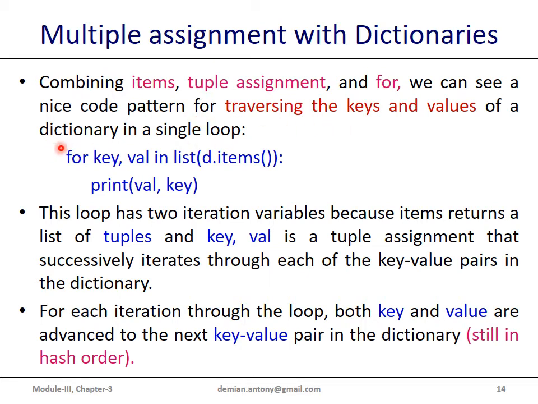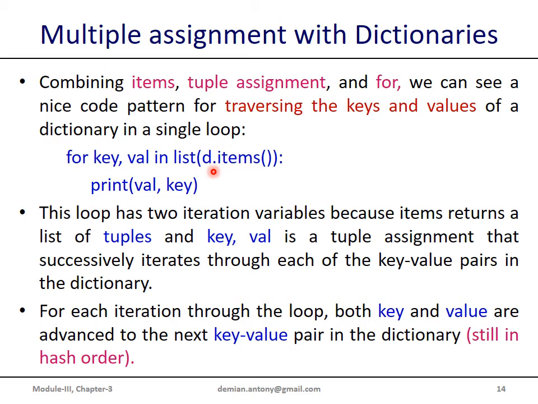Assume that we have a dictionary D with keys and values, and we are interested to print the keys and values. Remember, the items method, which is associated with the dictionary D, creates a list of tuples having key value pairs.